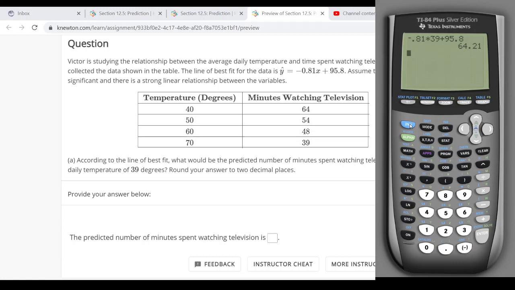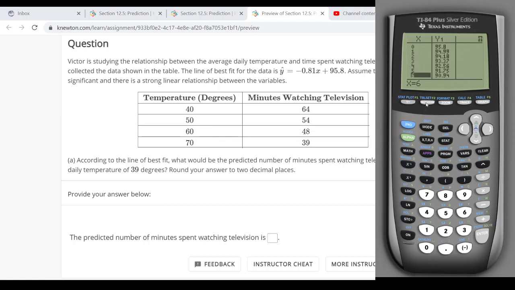Now I could have also done this. How I said in my y equals, I have the equation here. I can go to a table, just go second above the graph, it says table, and then go down to where it says 39. Now I would rather just have the table set up. Right now it's got the table set up where I put it, and I'd have to scroll down to 39 for x. I'd rather do this.